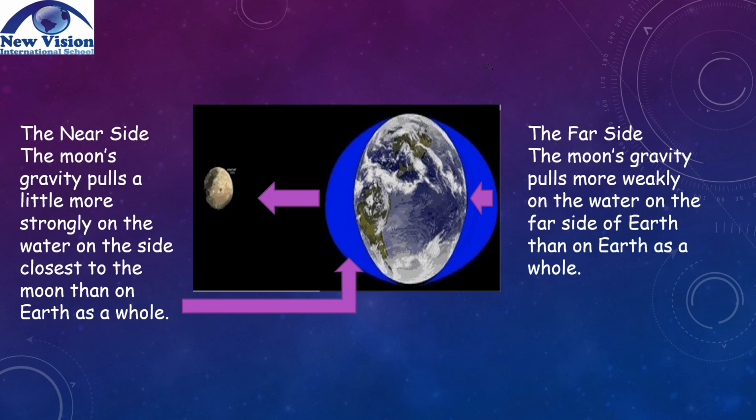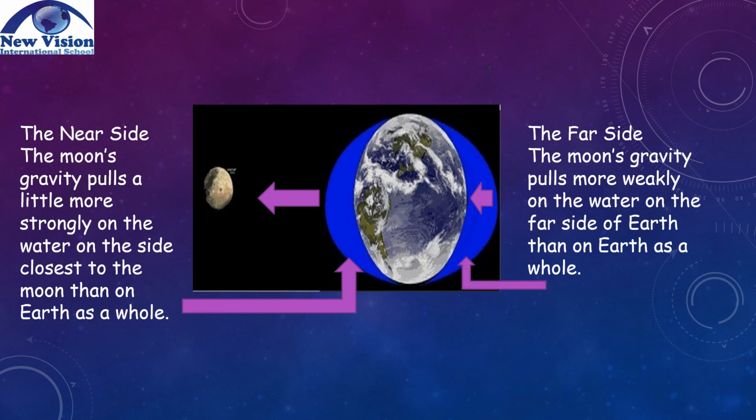The far side. The moon's gravity pulls more weakly on the water on the far side of Earth than on Earth as a whole. Since Earth is pulled more strongly, the water is left behind. Water flows toward the far side, causing high tide.